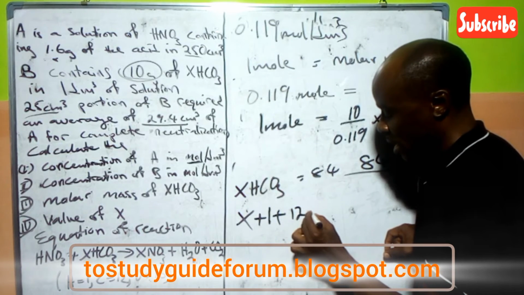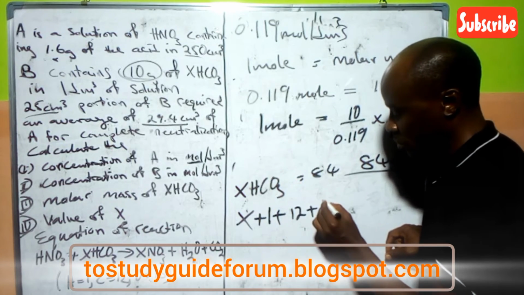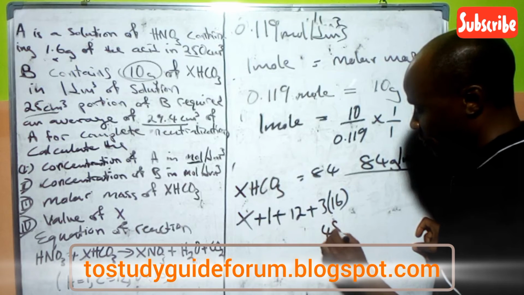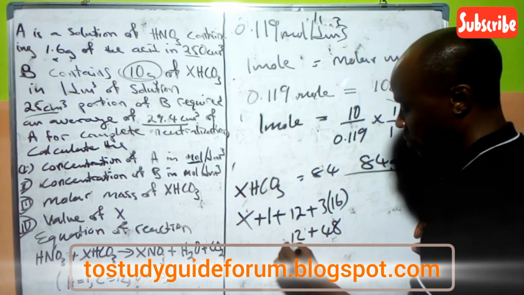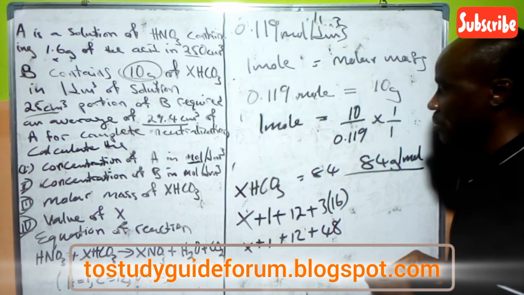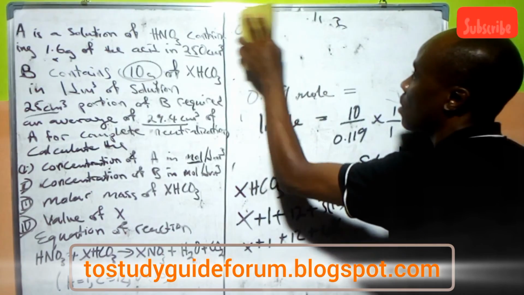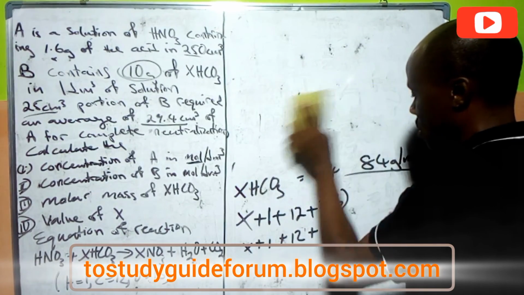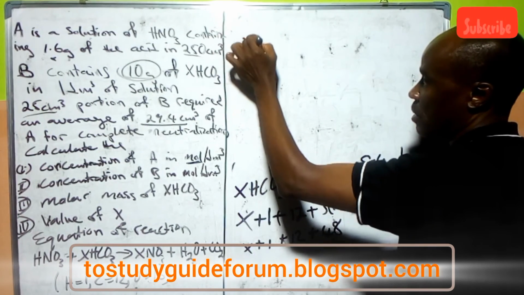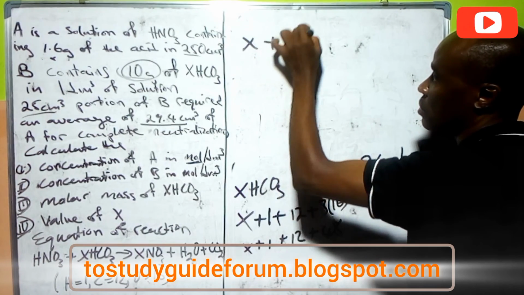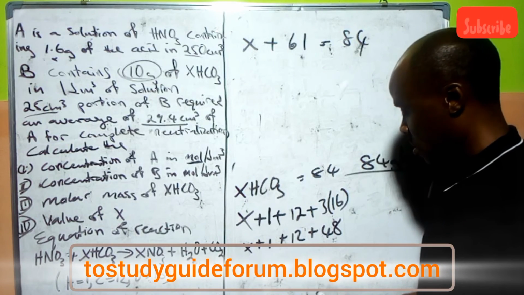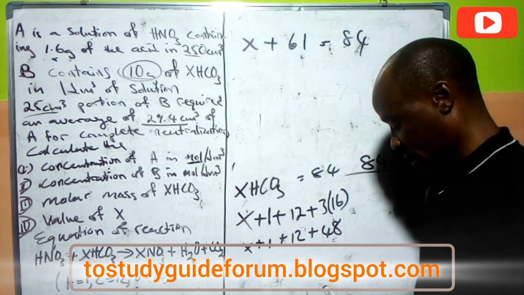And also plus C, which we know to be what? 12. And then plus oxygen, which we know from this place is 3. That means 3 times 16. So what do we have here? 48. Also we have 12 plus 1 plus X. If we add these things up, we will have X plus 61 equal to, let me just confirm what I have here.